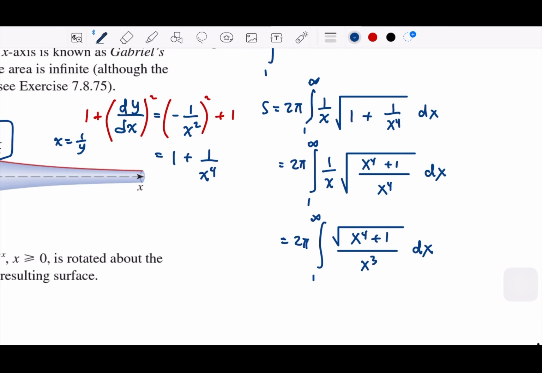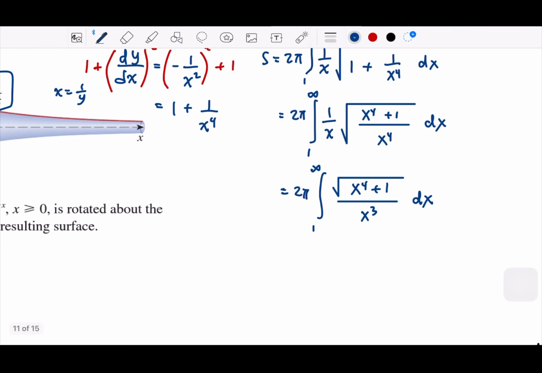So if you remember, if we take, let's say, the integral from 1 to infinity of 1 over x, and then the integral from 1 to infinity of 1 over x squared, right?